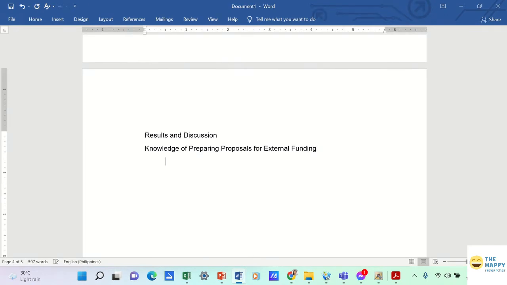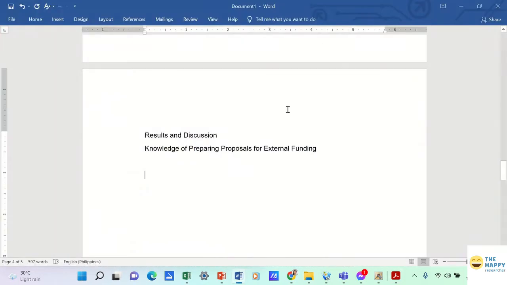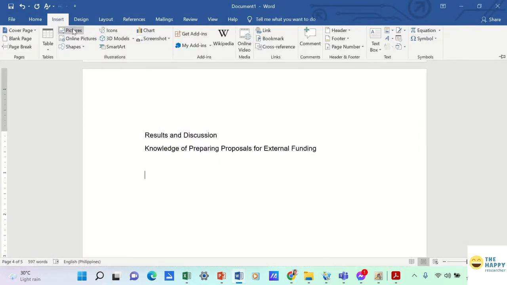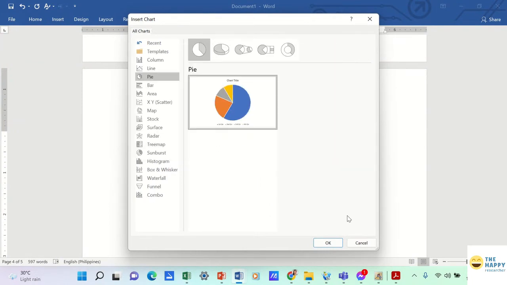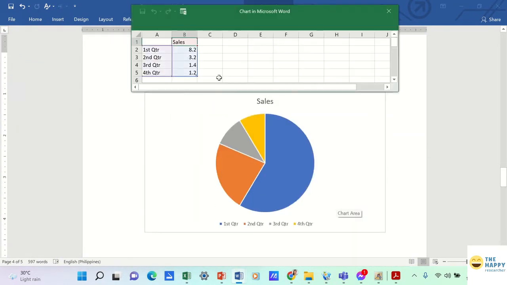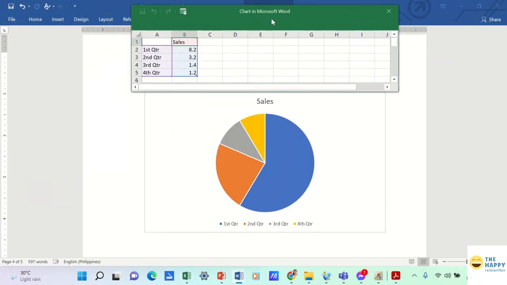There are 3 parts of results and discussion. First, you present your results, and then you write the meaning of your results. What does your result mean? Interpret them, and then you make your implications.